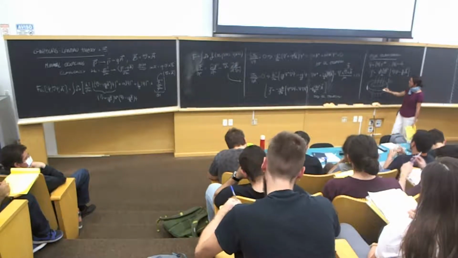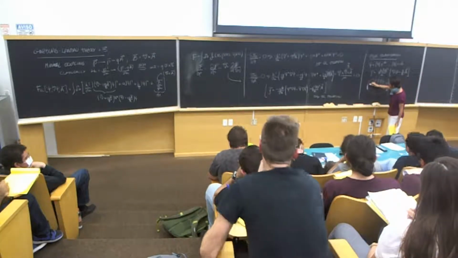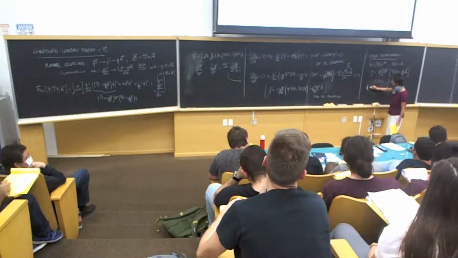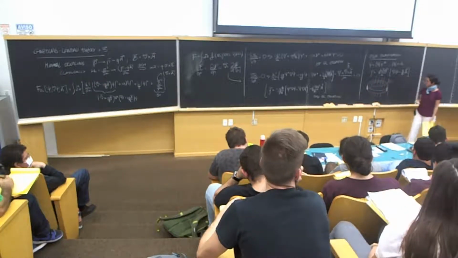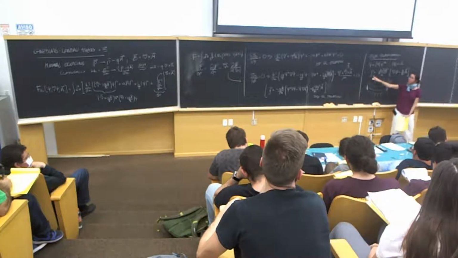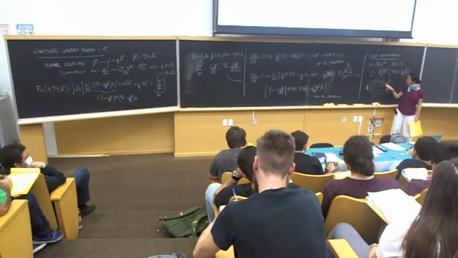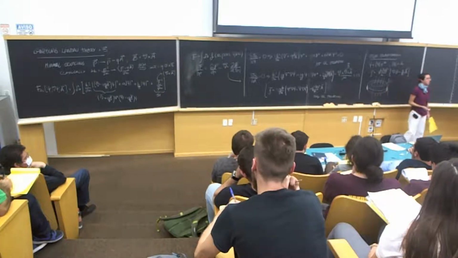With that in mind, I can choose F such that I know that the current associated at this position is 0.